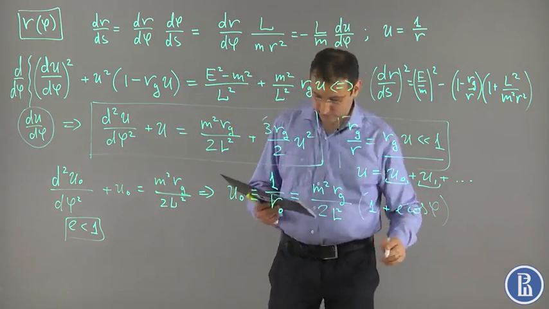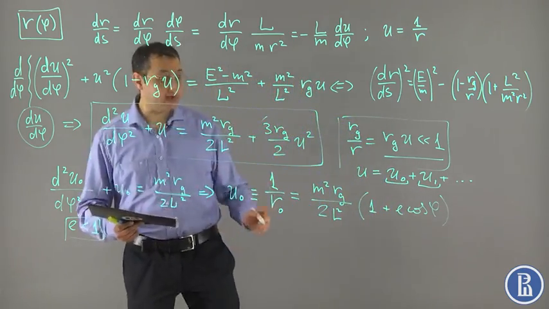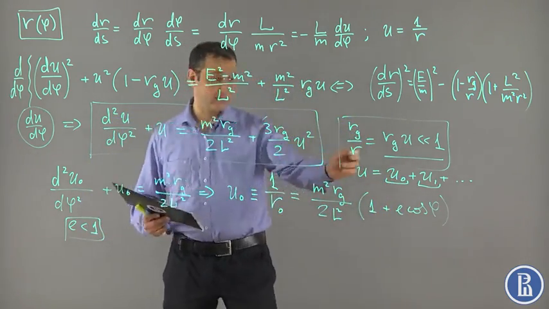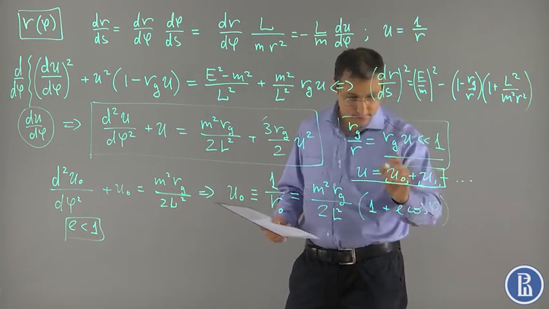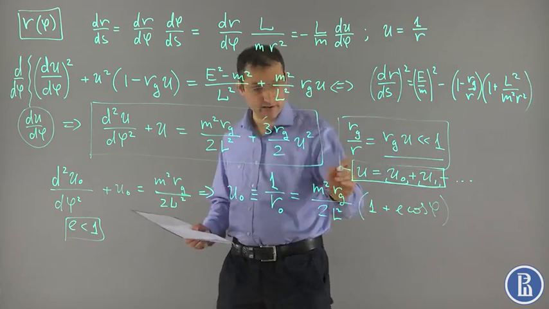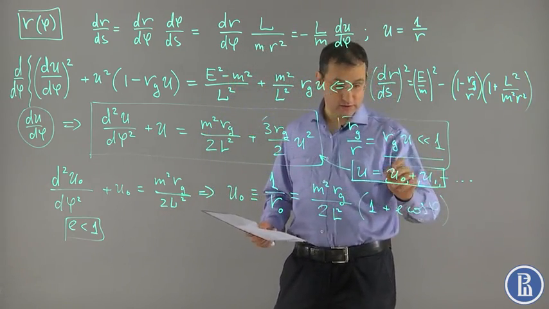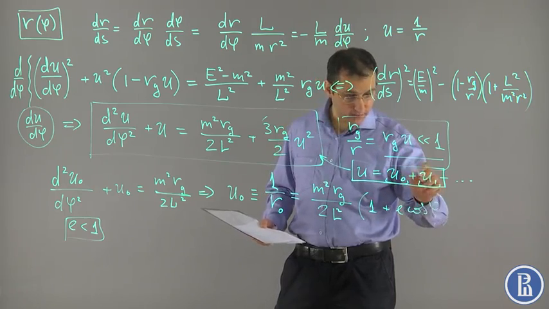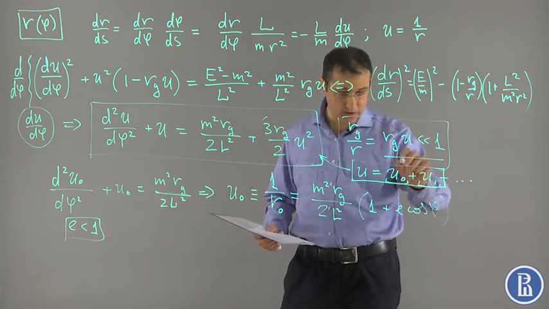Now, we want to consider the perturbation for this. For this reason, we want to plug this approximate expression here and find the equation for u1. To find the equation for u1, in this term, we have to take into account only u0.